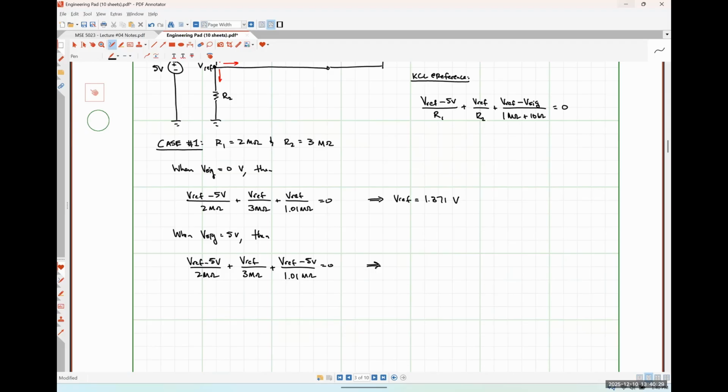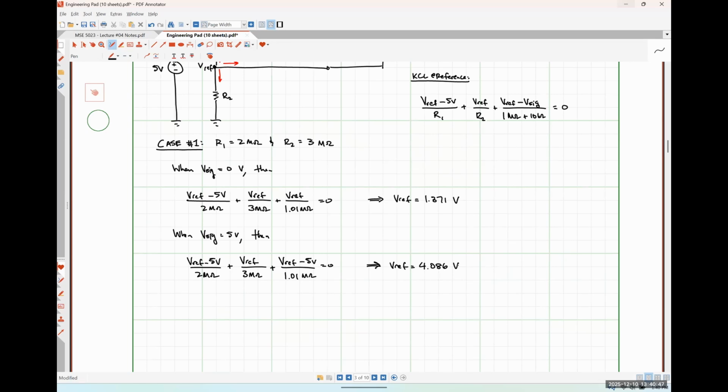And solving this for Vref, we wind up getting 4.086 volts. Again, a pretty significant distance away from our desired reference voltage of 3 volts.